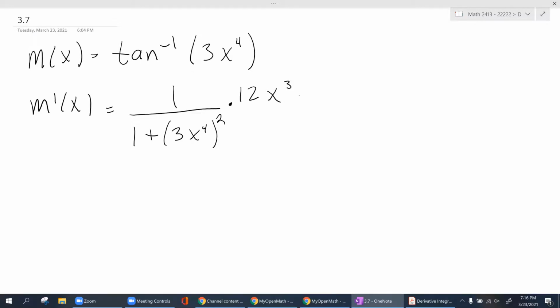I'm going to polish this up. For these, you do have to simplify; leaving it like this will not be acceptable. You know how to take the second power of the values on the inside, and you know how to multiply 1 times 12x cubed. So this is just 12x cubed over 1 plus 9x to the 8th.